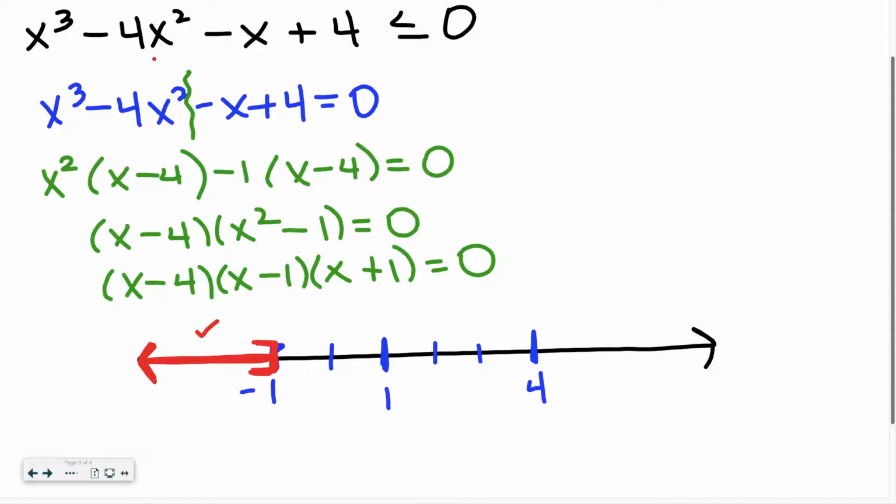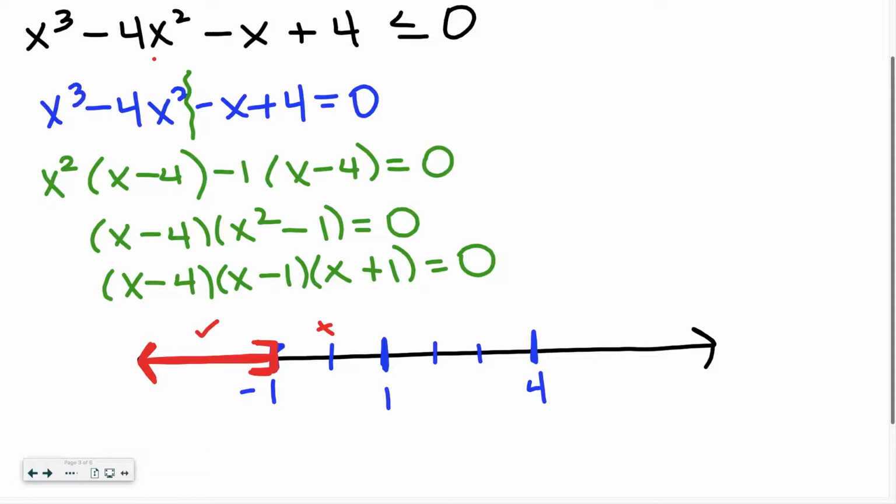What's a number between -1 and 1? 0. If we plug 0 into our polynomial, we get 0, 0, 0 plus 4. Is that positive number less than or equal to 0? No. So that interval is not going to work. It doesn't matter what the number actually is. We just really need to know if it's bigger than 0 or less than 0. What's a number between 1 and 4? 2 sounds great.